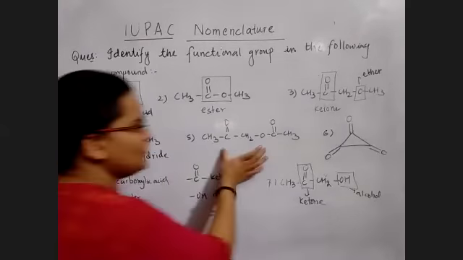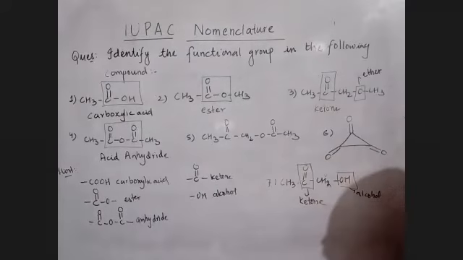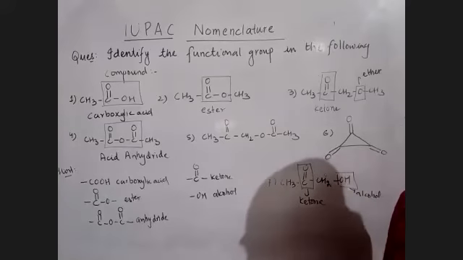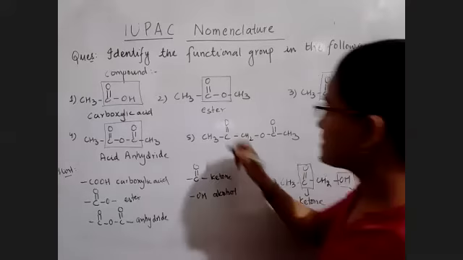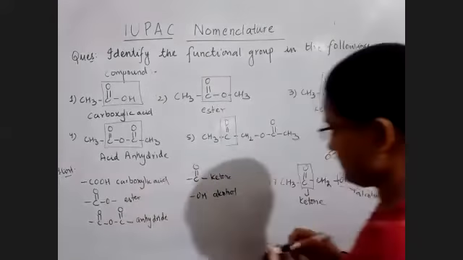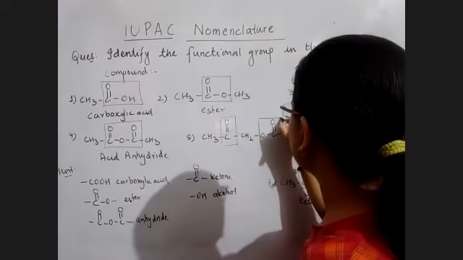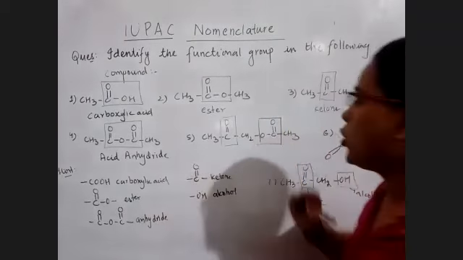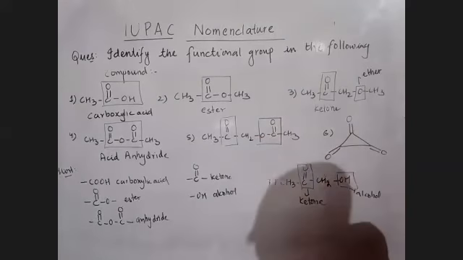Now in the fifth one, which functional group is present? Very good, Akshita. Good, Rizwan. Correct. Everyone is giving the correct answer. One is the CO part and the other is the COO part.